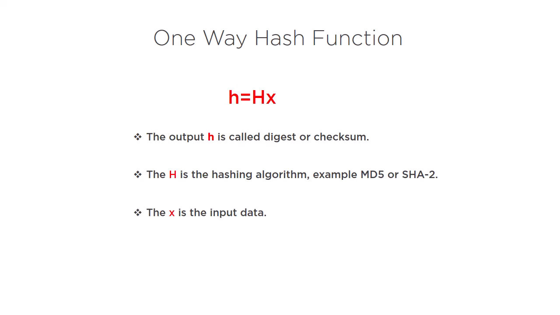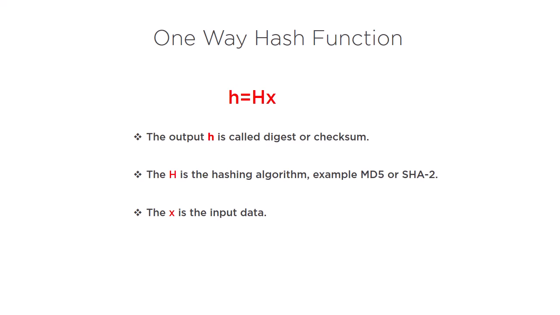The small x near the capital H is the input data, like an email message or file or a password. In general, the purpose of hashing is to add a fingerprint to the piece of data exchanged between a source and a destination.